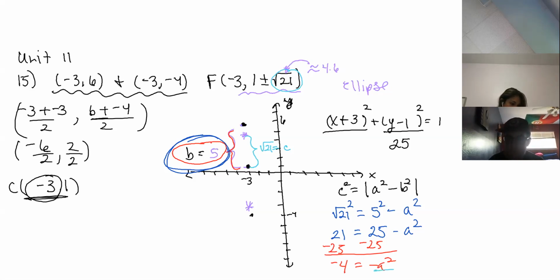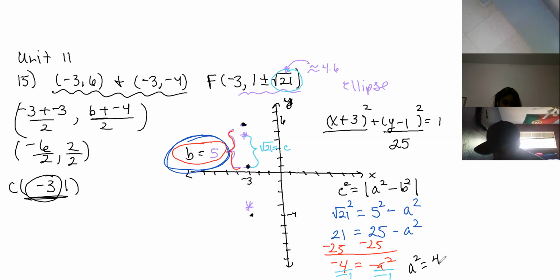Divide by -1. And what does A squared equal? 4. And as tempting as it is to square root, we can, but what goes here, A or A squared? A squared.